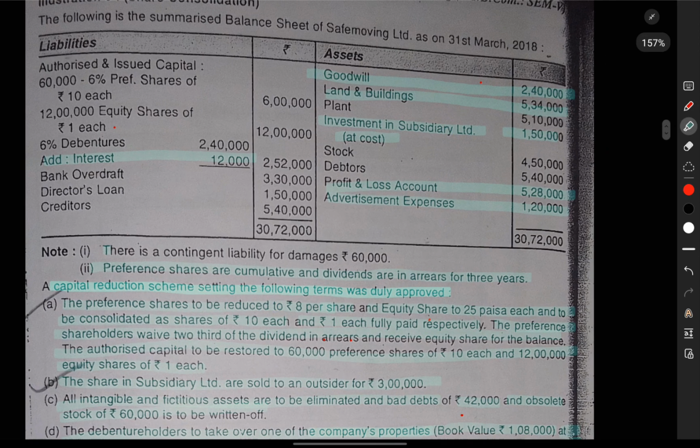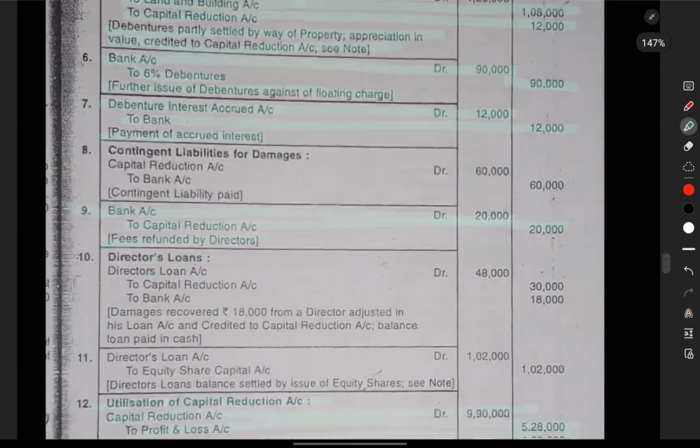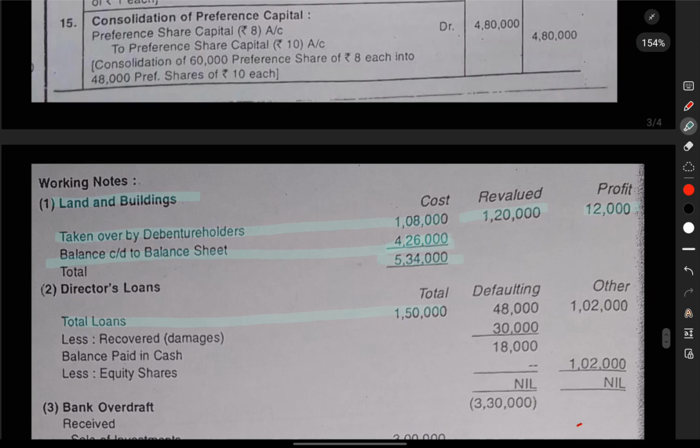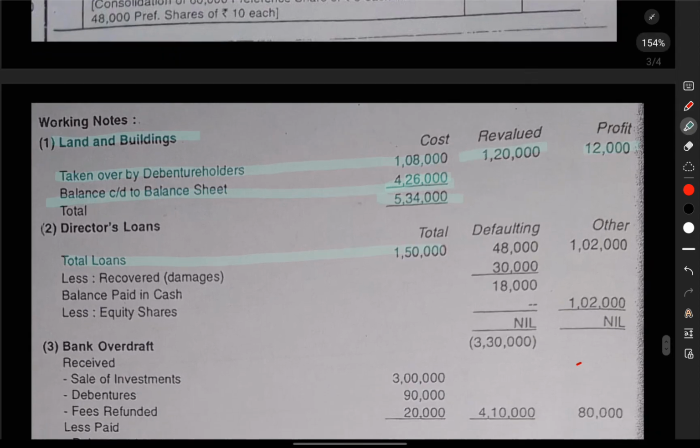So the amount of director loan is 1,50,000. Prepare a working note for it. Director loan is 1,50,000 and we paid 48,000 for it. So the other liability will be 1,02,000, the remaining balance.